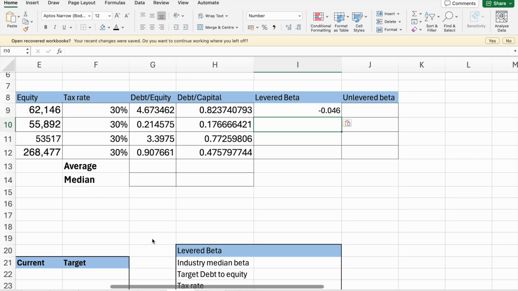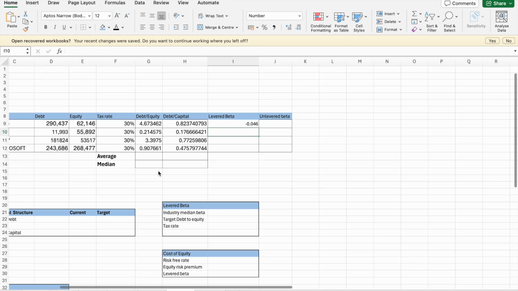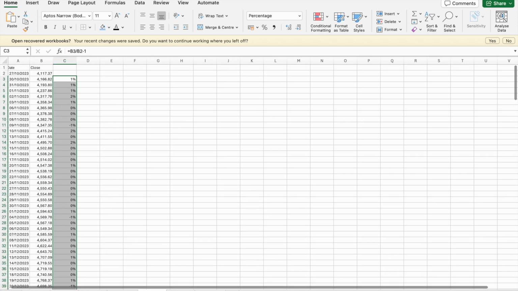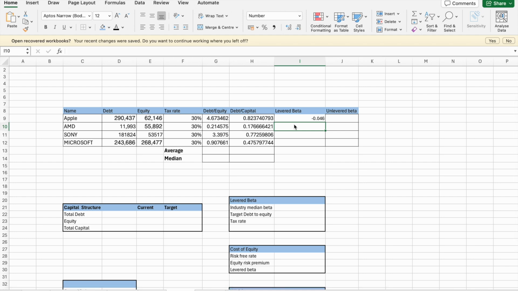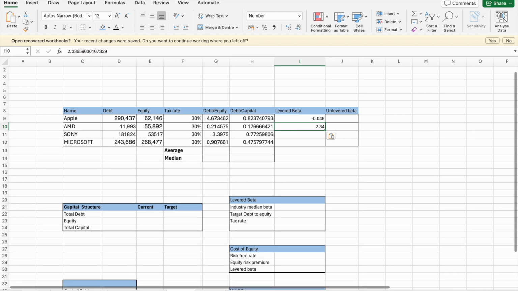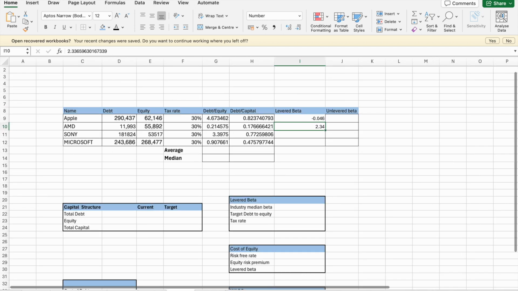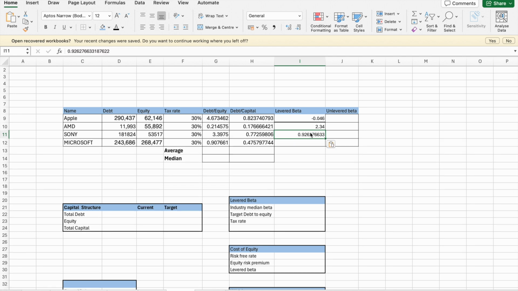Then simply paste it. For the AMD, we're going to go to the AMD sheet and just copy the cell, and then paste it. And we are going to do the same thing for the levered beta for everything.